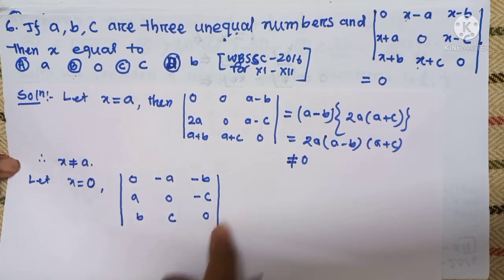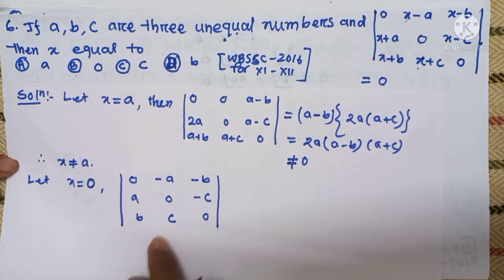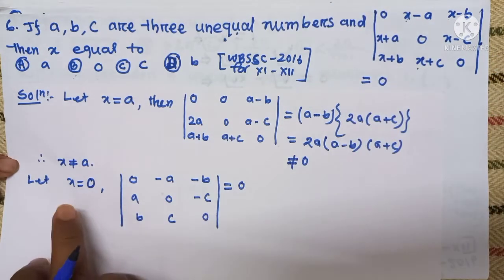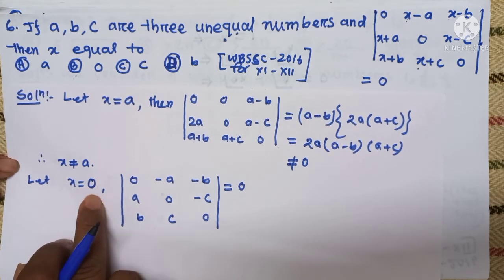Since this is a skew symmetric determinant, the value of this determinant equals 0. Hence x equal to 0 is the correct answer.